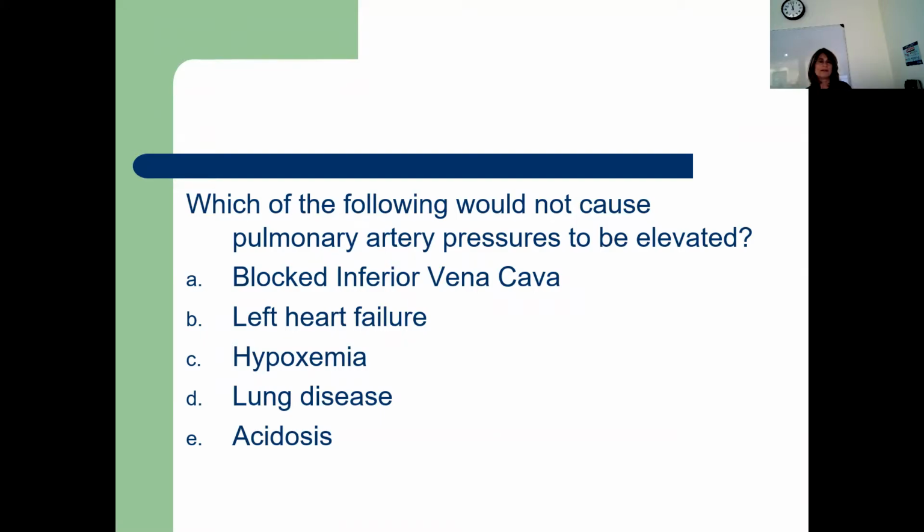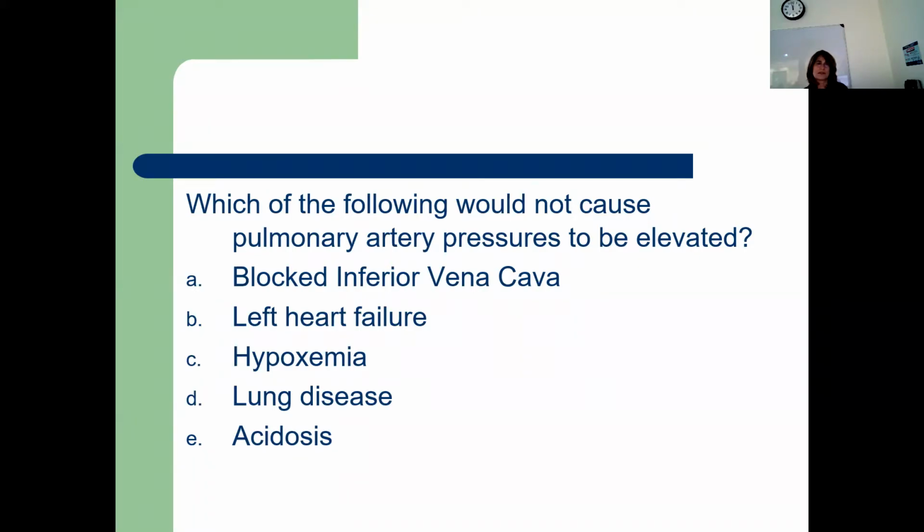What about B, left heart failure? That would cause pressures to be elevated. We're looking for things that won't elevate, so we won't choose that one. What about C, hypoxemia? I would think that's also going to elevate pressures. Very good. Hypoxemia does constrict the pulmonary vessels and does make the pressures go up, and we're looking for not causing it, so we can't choose that one.